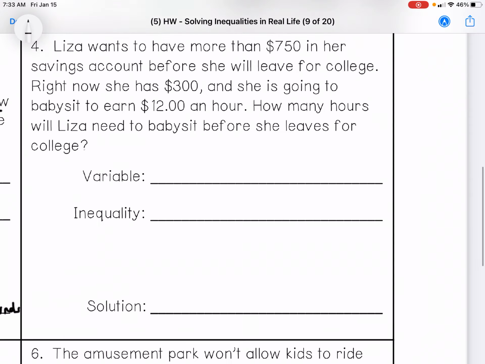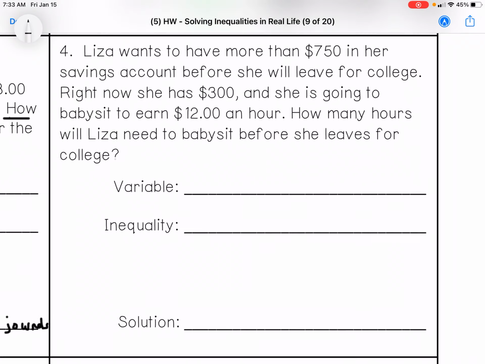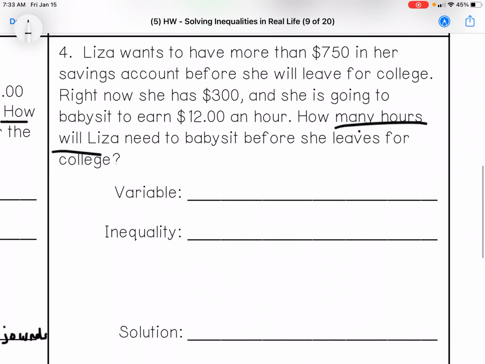Okay. Liz wants to have more than $750 in her savings account before she will leave for college. Right now she has $300 and she is going to babysit to earn $12 an hour. How many hours will Liz need to babysit before she leaves to go to college? The variable is what it's asking for, so how many hours, number of hours.